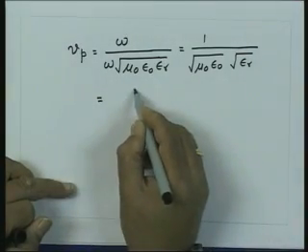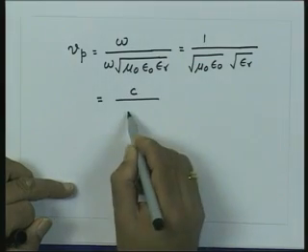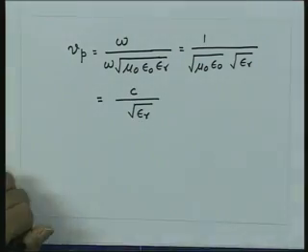So that is equal to c divided by square root epsilon r.